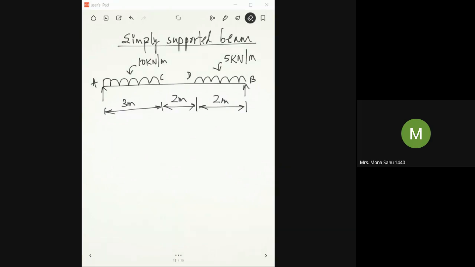So let's try to calculate the reaction forces. So RA, you have to find out what is RA.